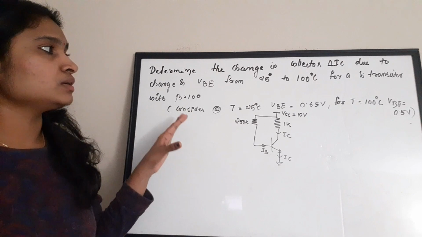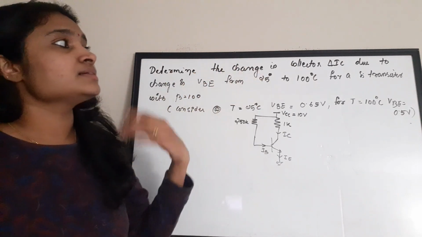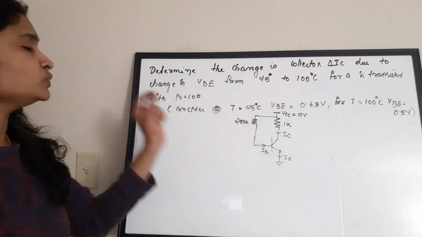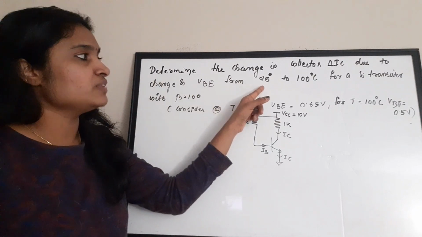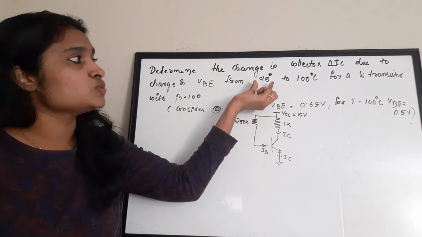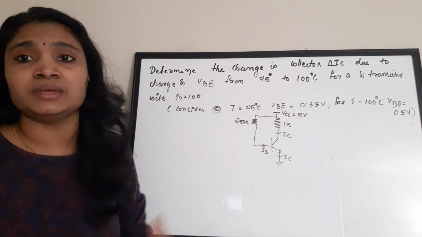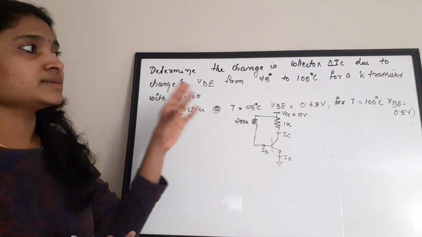Okay. So the first question is this: determine the change in collector current, that is delta IC, the collector current change due to change in base emitter voltage VBE from 25 degrees to 100 degrees Celsius. That is, when the temperature is changing from 25 to 100 degrees, there is a change in VBE, and due to this change in VBE, what is the change in the collector current?